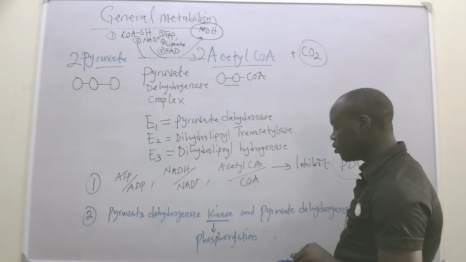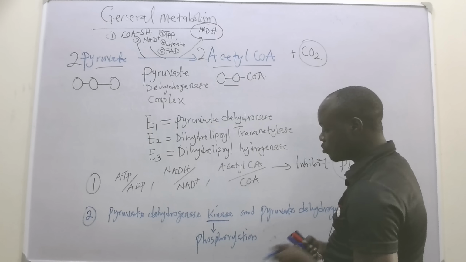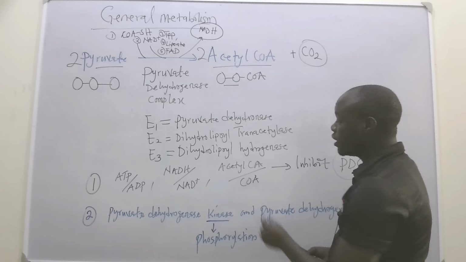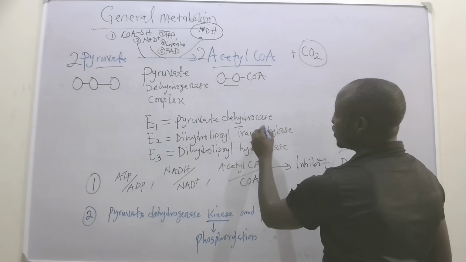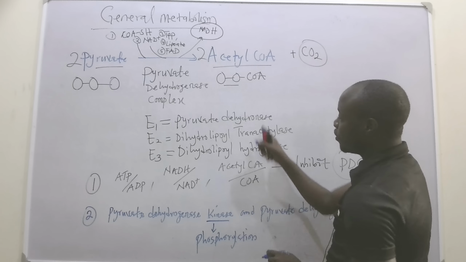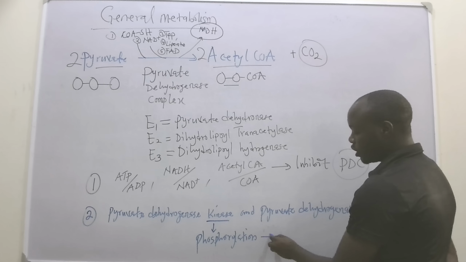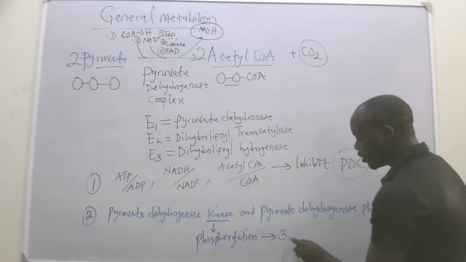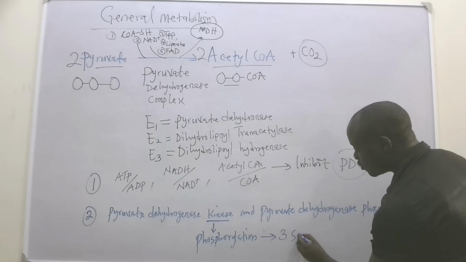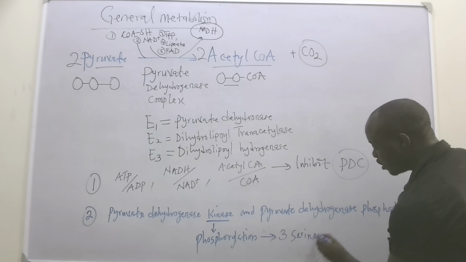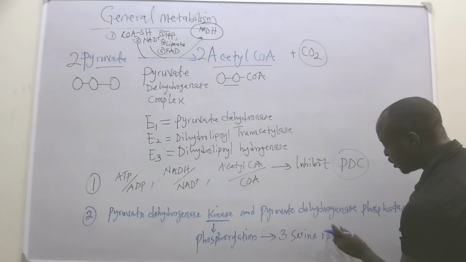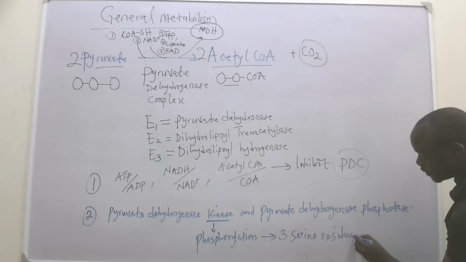Usually, when the enzyme pyruvate dehydrogenase is phosphorylated, this phosphorylation takes place on three serine residues of the enzyme.